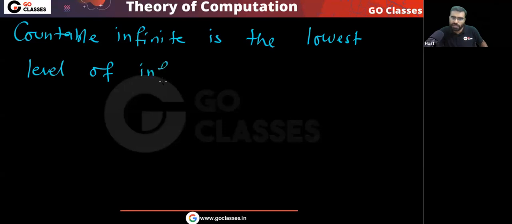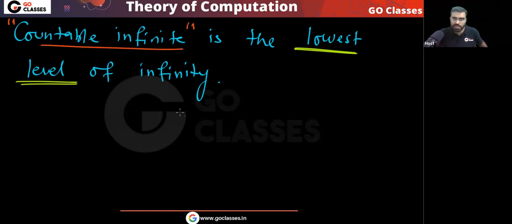Just think about it. Countable infinite, I am talking about countable infinite, is the lowest level of infinity. So if this is the lowest level of infinity, then is this type of set possible or not?